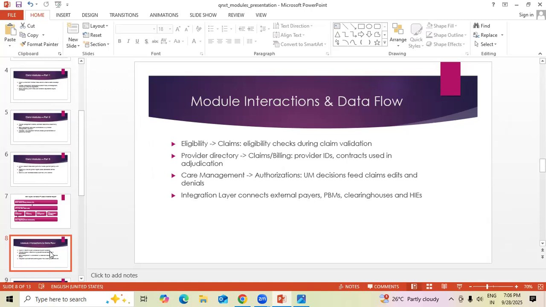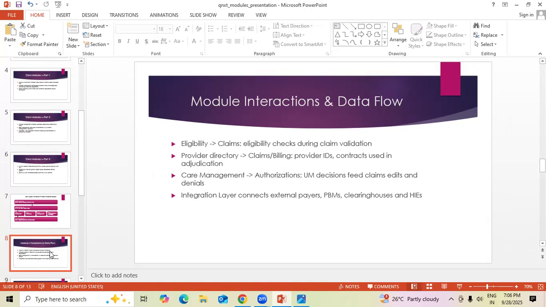Everything will be verified and validated by them. If there are any corrections, it will go back to the provider company. So the provider will make necessary changes. Again, they'll resubmit. This is to avoid any kind of rejections when the claim is received by the payer. So this is where generally these clearing houses are useful.